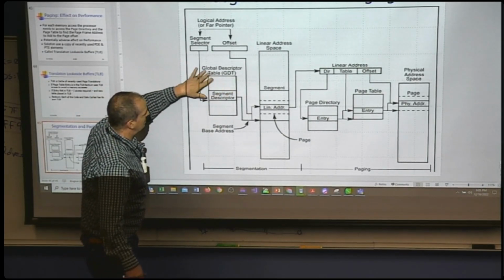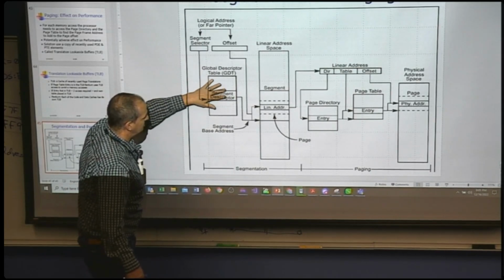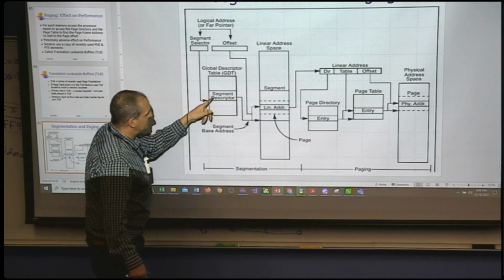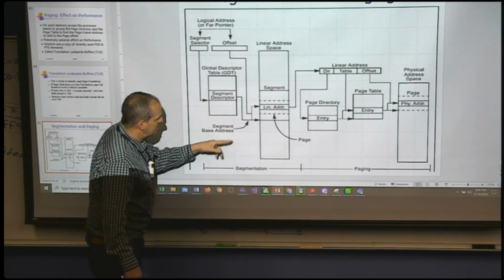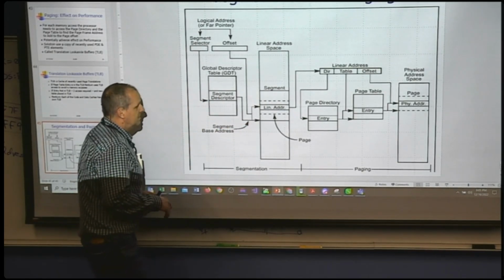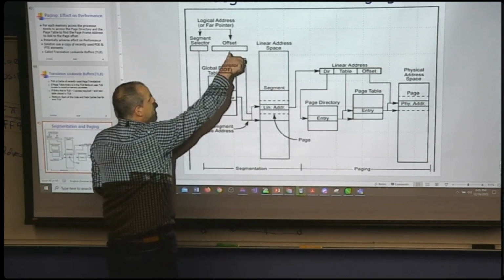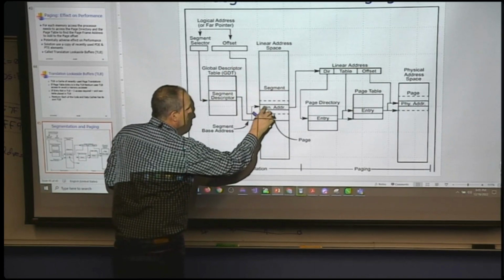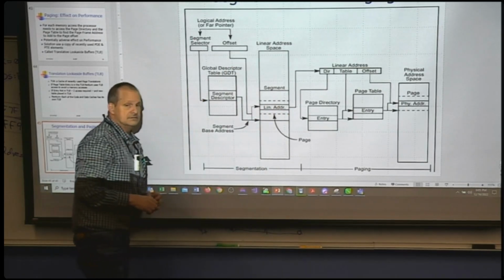So it goes into either the global or local descriptor table and grabs the descriptor. The descriptor points to an area in memory. The offset is added to that area and forms what's called the linear address.